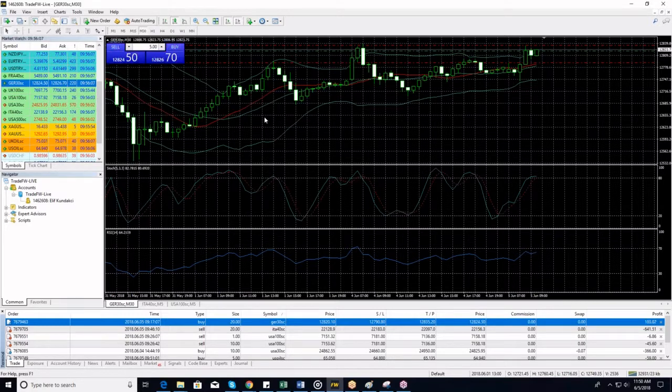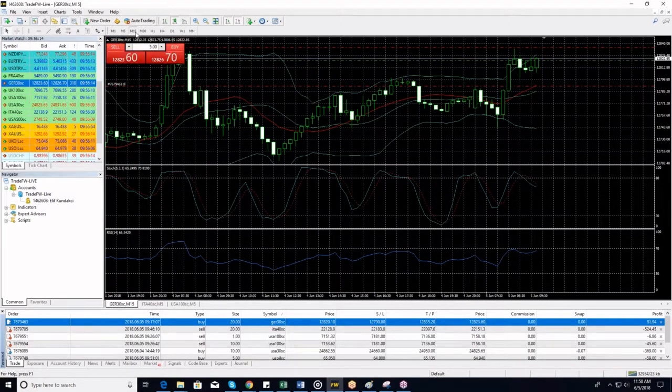I'm expecting a bit more profit on DAX, to be honest, in the next few minutes, just be a bit more patient. No, I'm not greedy. I just see the markets, and I expect something from what's happening.